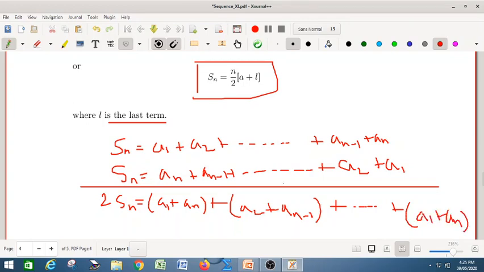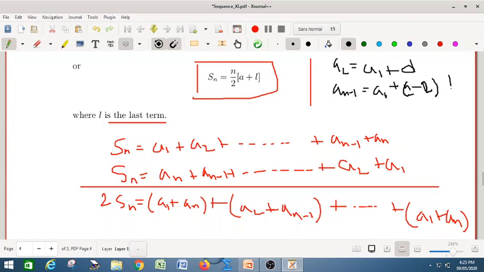Now look at that, a2 is nothing but your a1 plus d, and an minus 1 is a1 plus n minus 2 into d.